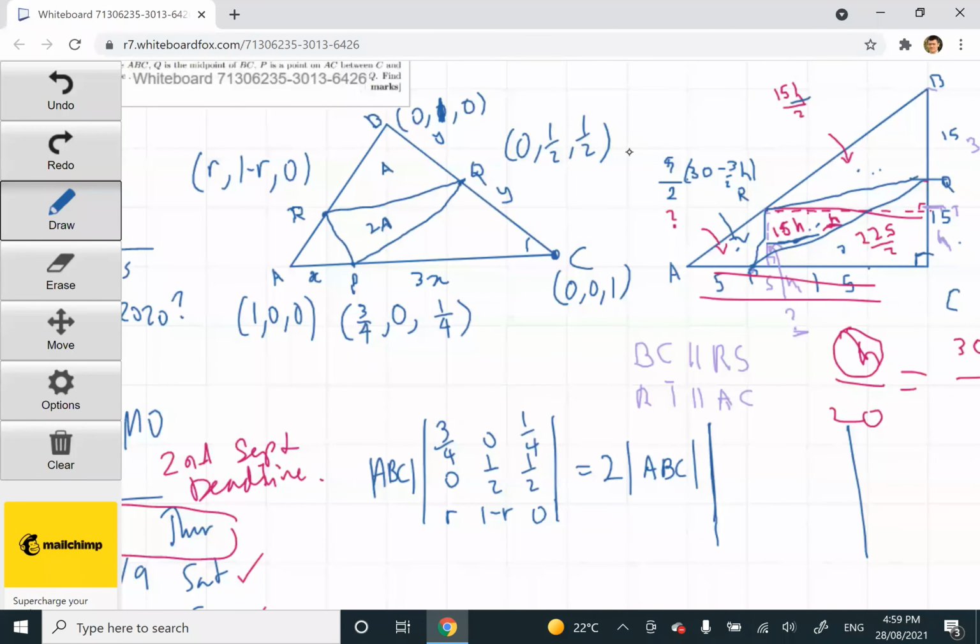so let's keep it anti-clockwise. So yeah, 0, half, half. So that's Q. 0, 1, 0 is B, and then R is... yeah. This is the right diagram. Yeah, I'm using your diagram.